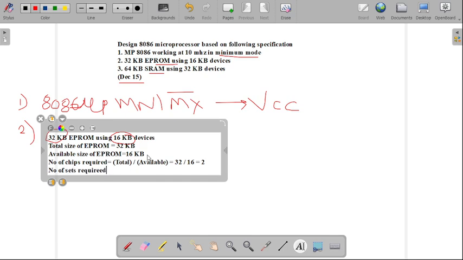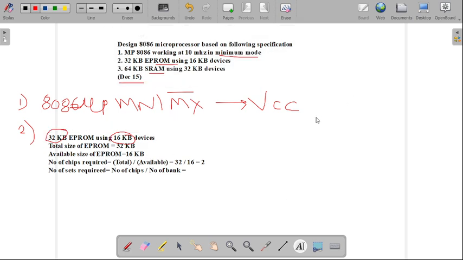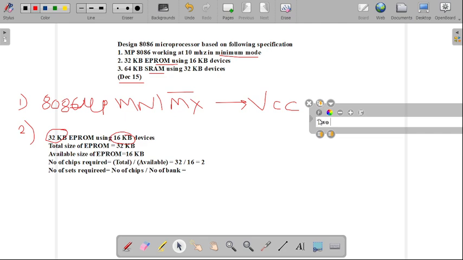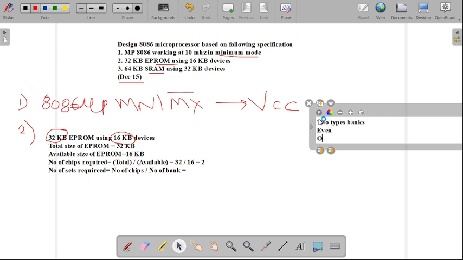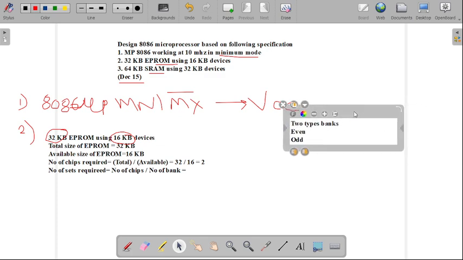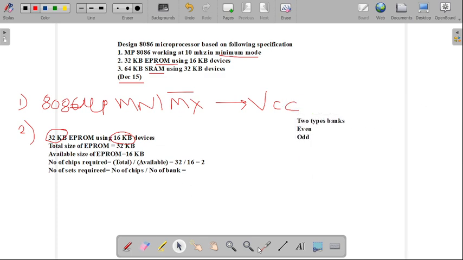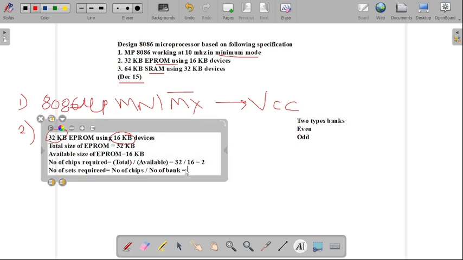Now I have to calculate the number of sets required. We can calculate the number of sets as the number of chips divided by the number of banks. As we already know, there are two types of memory banks: first the even memory bank, and second the odd memory bank. So the number of chips we got is 2, divided by the number of banks, which is 2.